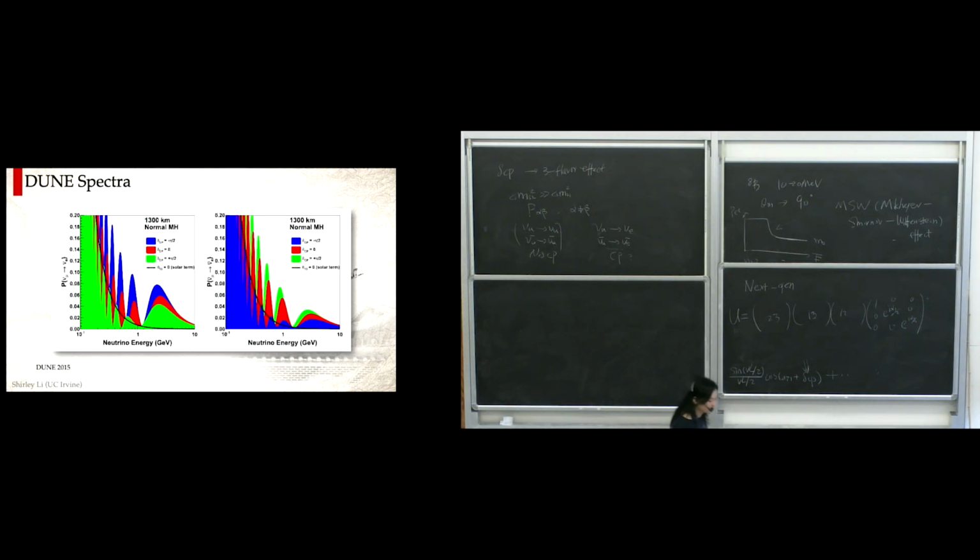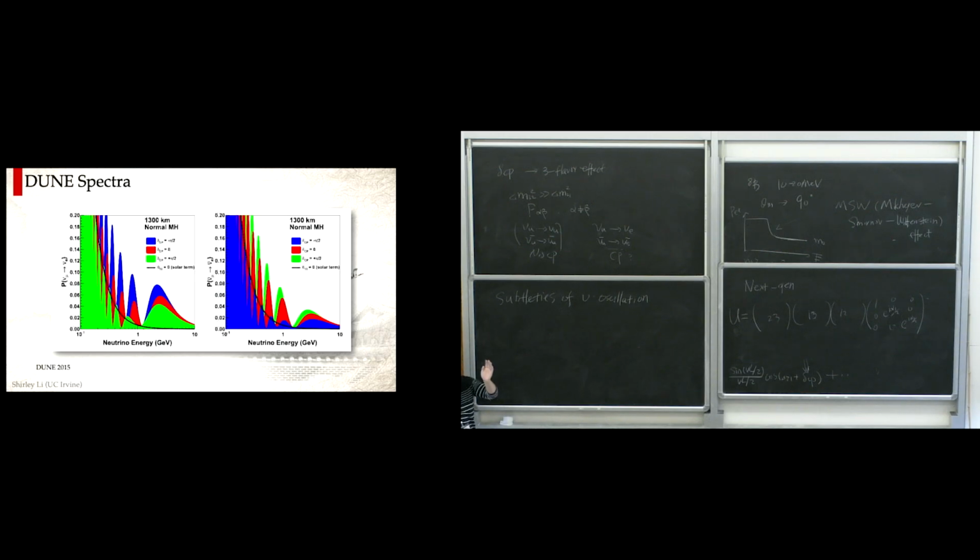I want to talk about what I call subtleties of neutrino oscillation. There are plenty of subtleties. You can easily get confused about, do charged leptons oscillate?